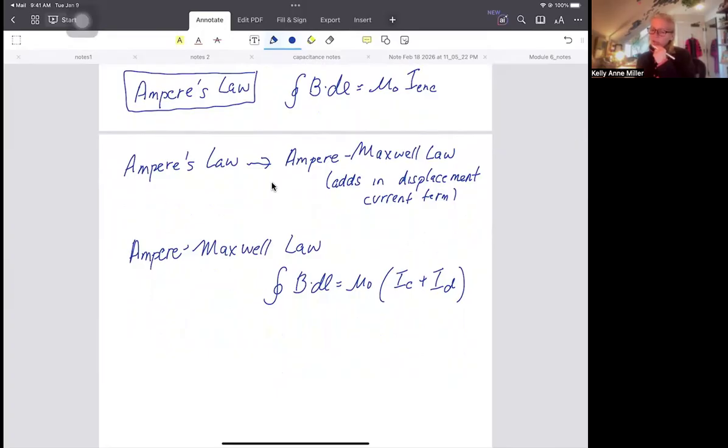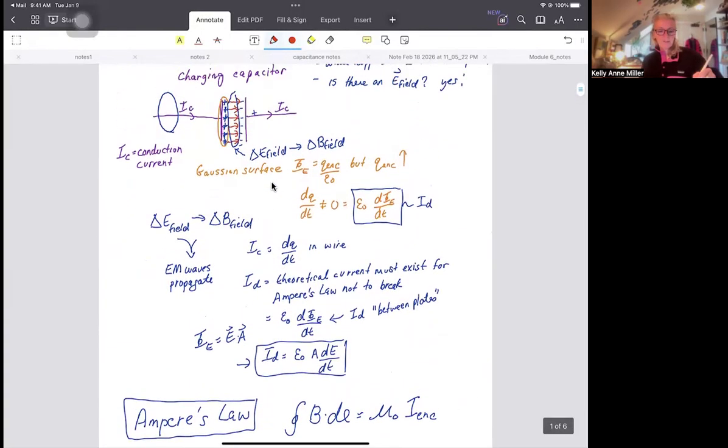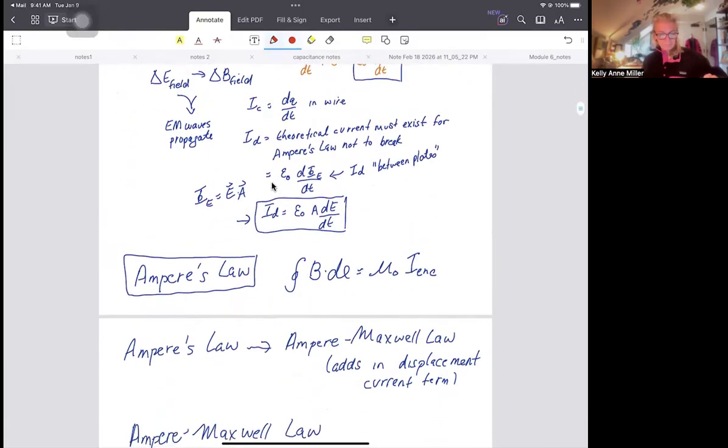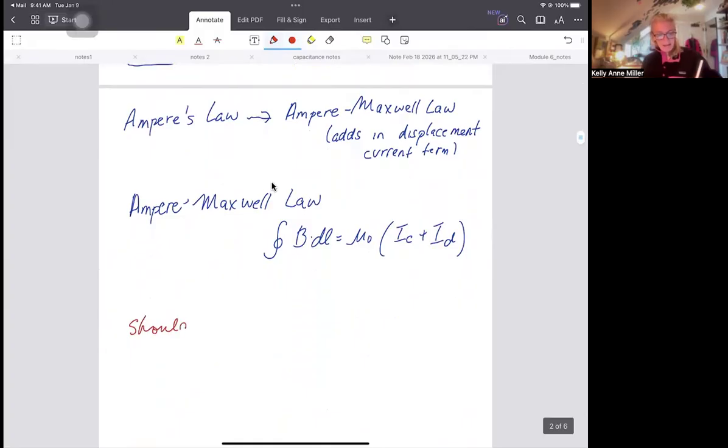Another question: we set up here that there's a changing electric field in between the plates. The question now is, should we expect a B field between the plates? And the answer to that is yes.